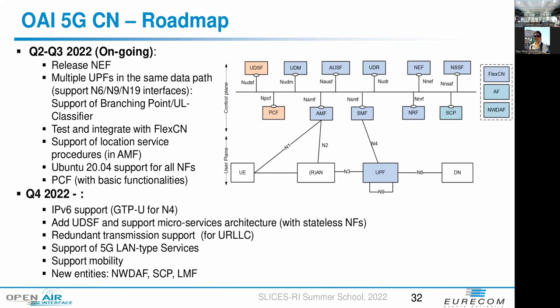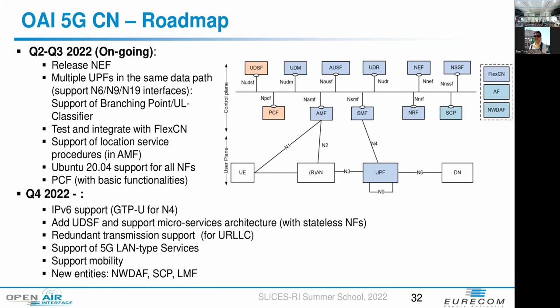We are also working with the FlexCN component to test and integrate so that the FlexCN can consume the services exposed by the core network and so to the end user. We also have the location service procedure in LMF.